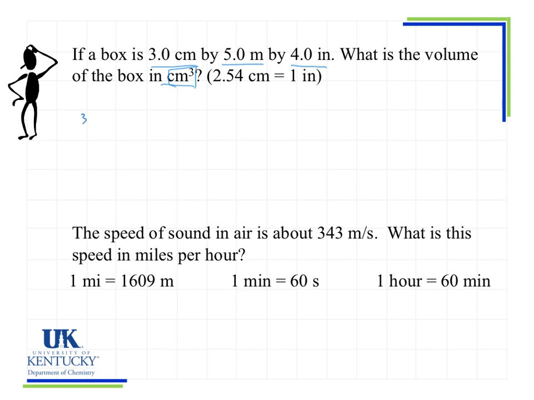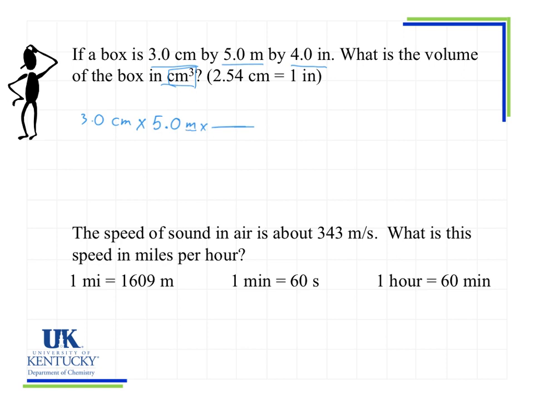So the first one is already in centimeter, so we keep it like that, times the second one, which is in meter, 5.0 meter, and I want to convert that to centimeter. So what do we have for meter to centimeter?